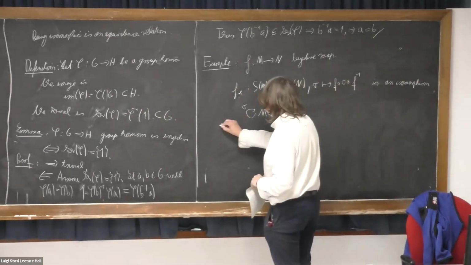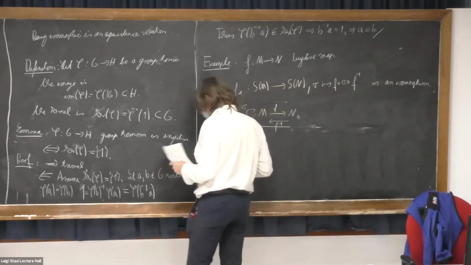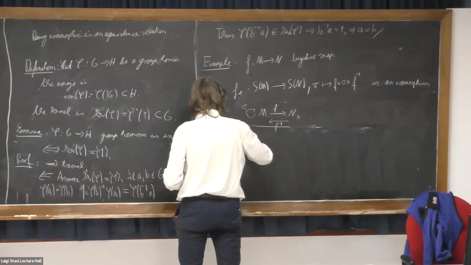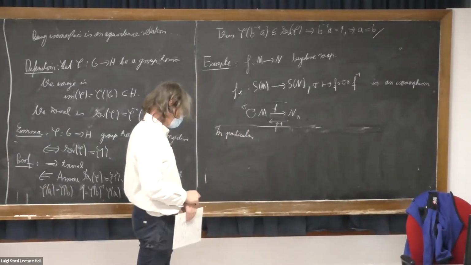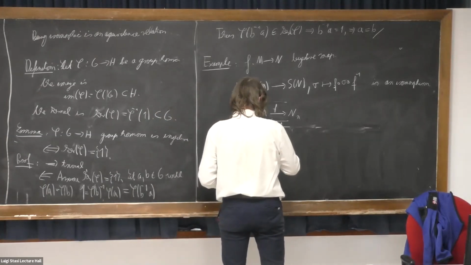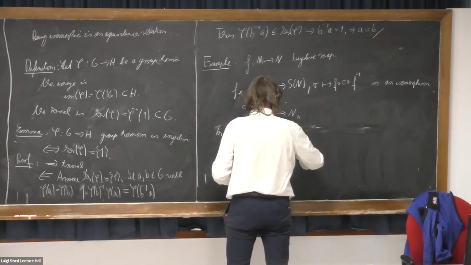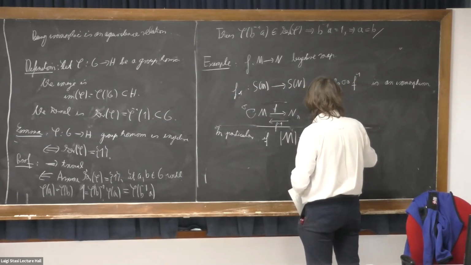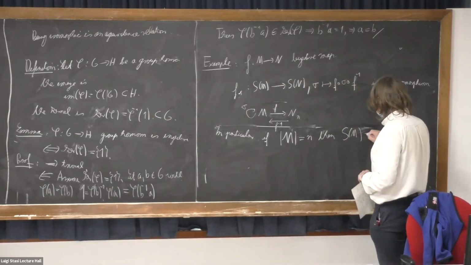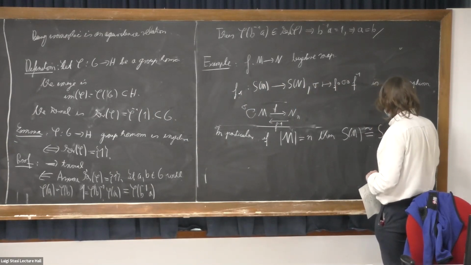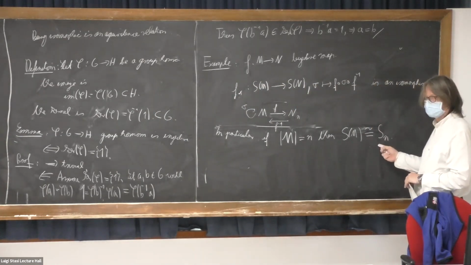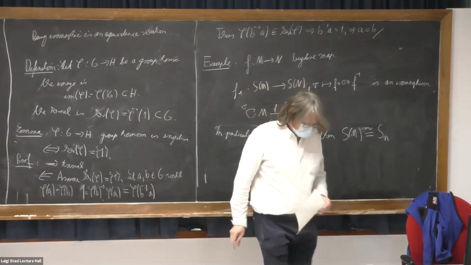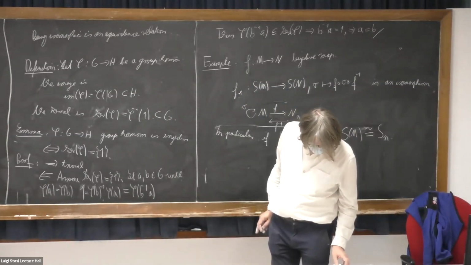Anyways, this is just an example, but we see in particular that if M has n elements, then the symmetric group on M is isomorphic to the symmetric group on n letters, which was the permutations of the set of numbers from 1 to n. Okay, so this was this thing.